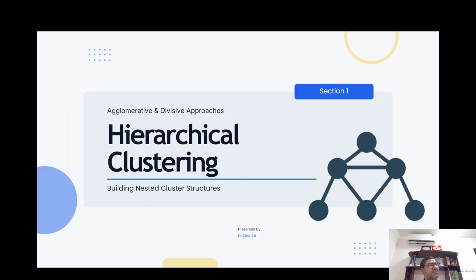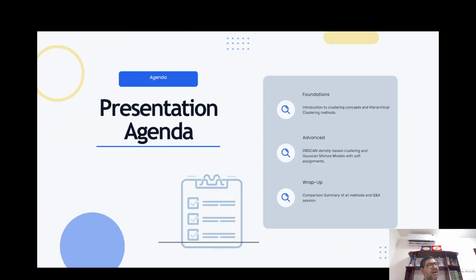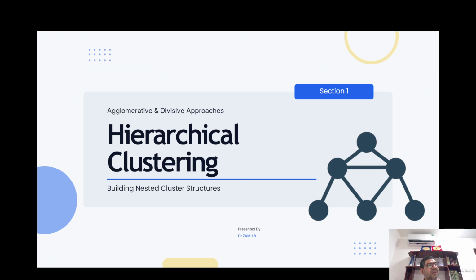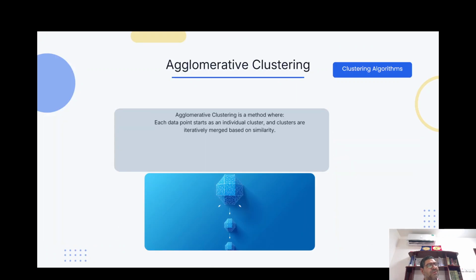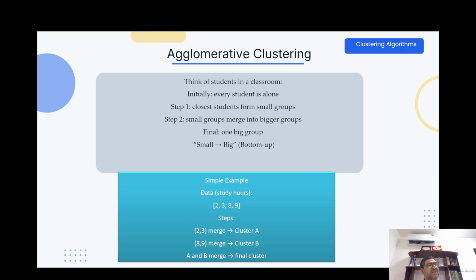In fact, we were discussing this hierarchical clustering last episode, in the first part of this episode. So agglomerative clustering is here, with an example, the kind of example we are taking for several of these machine learning algorithms and concepts.